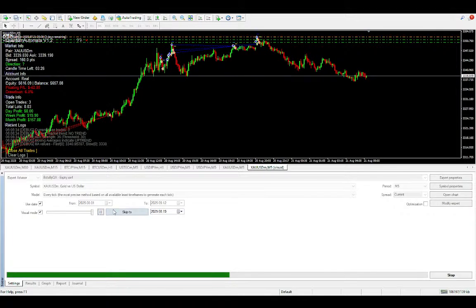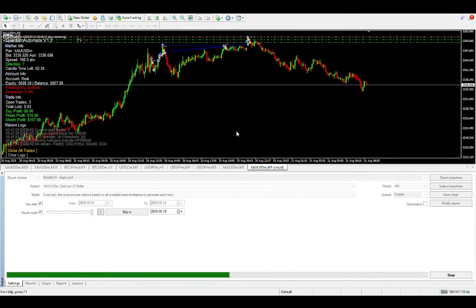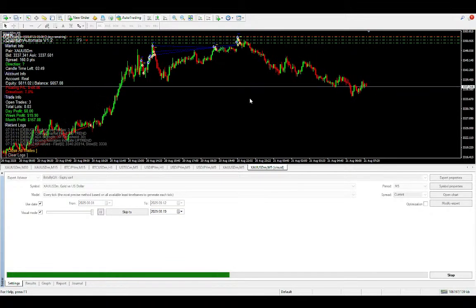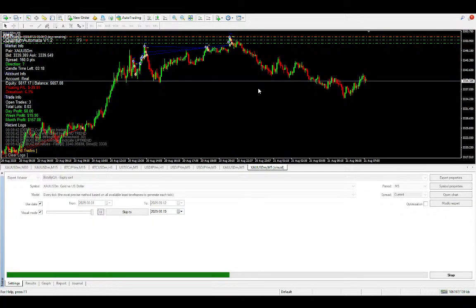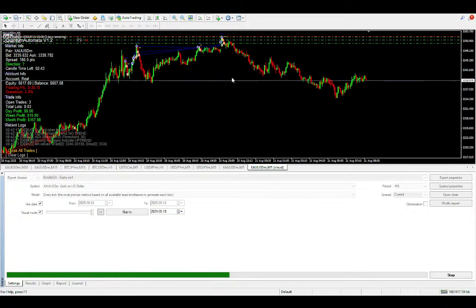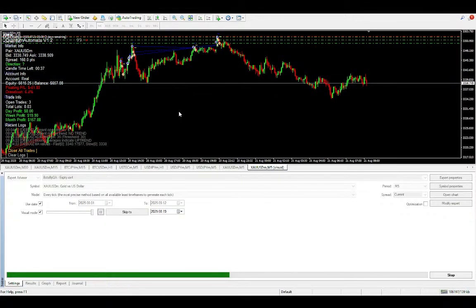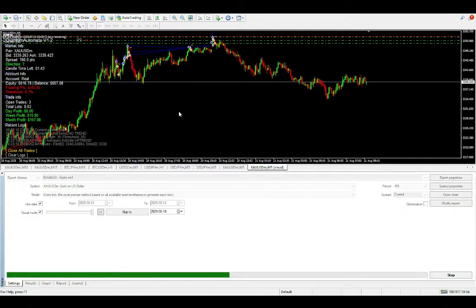It will just hold on, expecting the price to come around to where it left. So basically, we're still going, and I didn't want to close this as well, because with 5% drawdown, you're still going to make a lot of profit if you use this particular setup. We're still going.